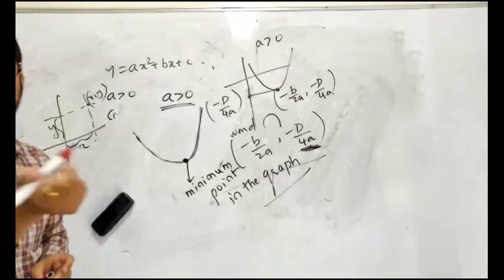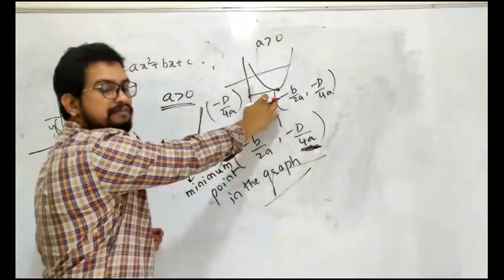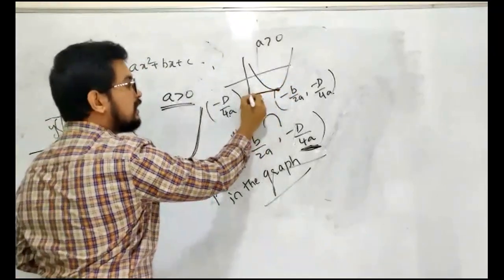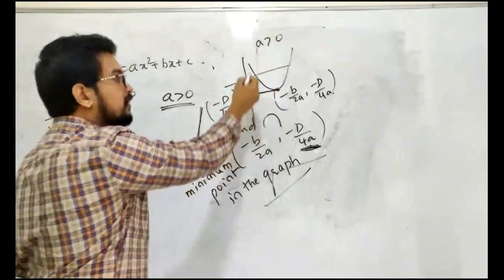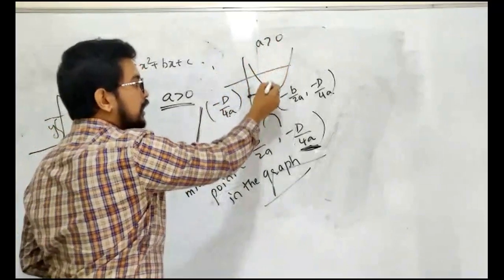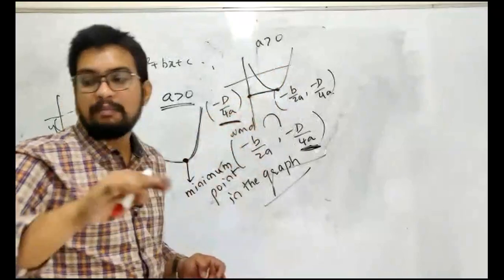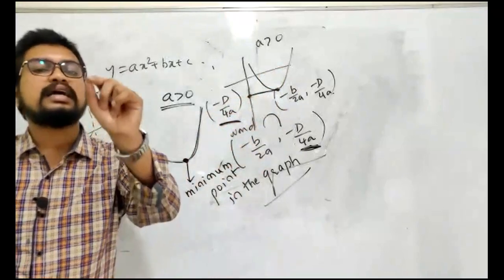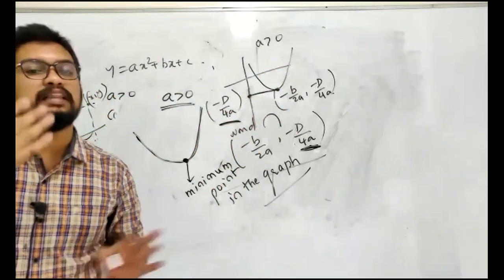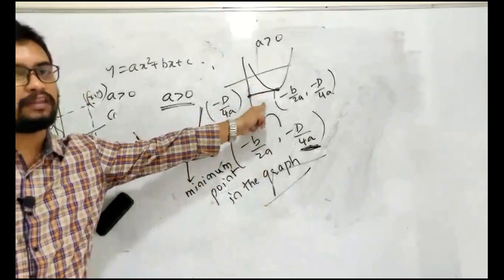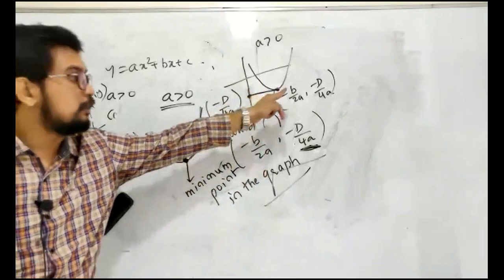Students, let's try to understand the meaning. If this is the minimum most point, this is the lowest value. Whatever value this quadratic takes, this minus D by 4a will be the minimum most value. The quadratic cannot take a value less than this, because this is the lowest point.